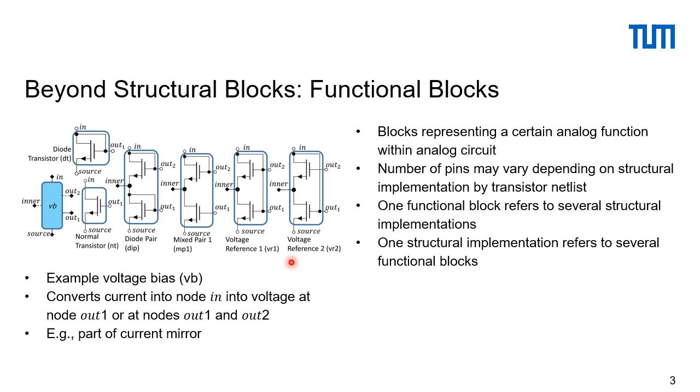But it's also the other way around. If you have some kind of transistor pair here, this may also be part of several functional blocks. So this is a very complex relation, and it's not so easy to either analyze a netlist with regard to this, or to handle structural synthesis with all these degrees of freedom.